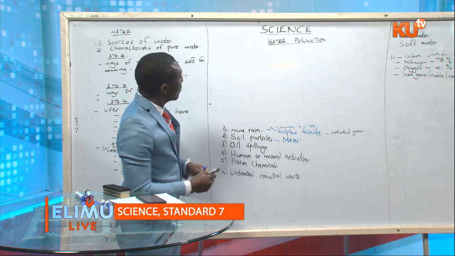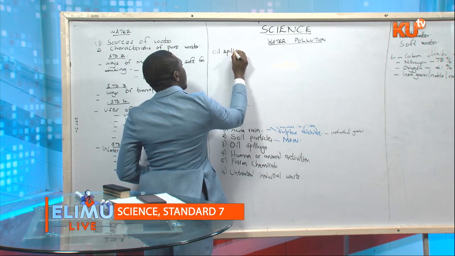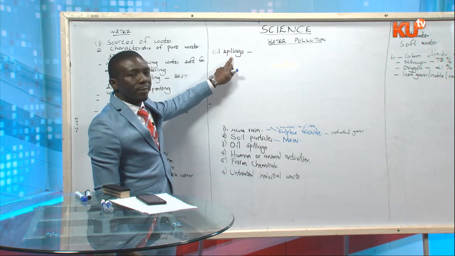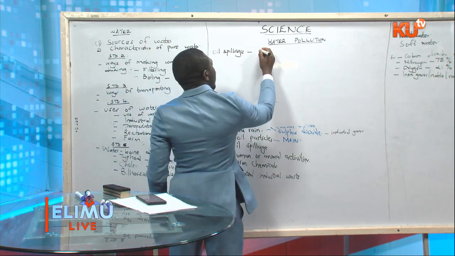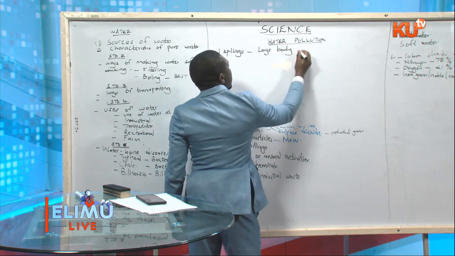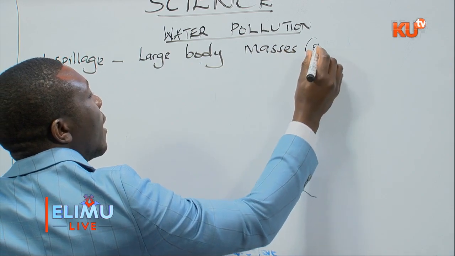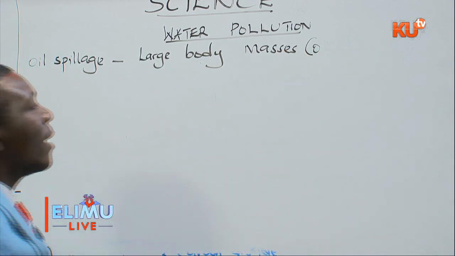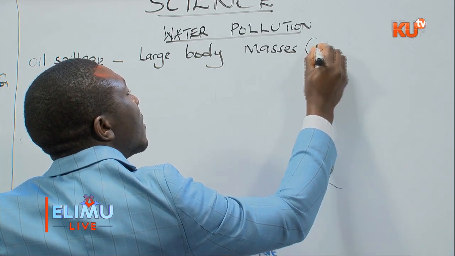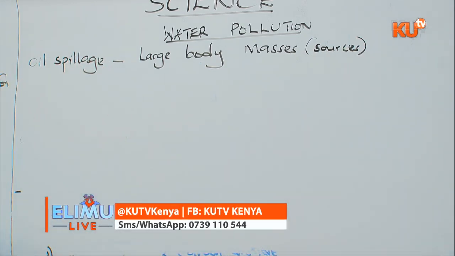The other one I wrote is oil spillage. How does oil spillage pollute water? Oil spillage, first of all, always occurs on large body masses. When I talk about large body masses, I mean where the main sources of water are, where a lot of water has accumulated.